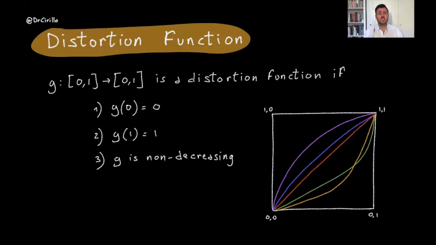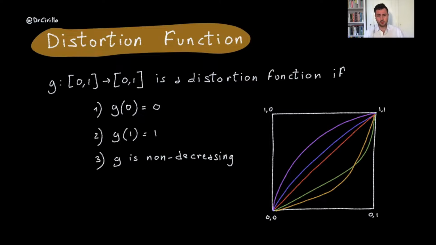A function g is a distortion function for us if it maps from the unit interval [0, 1] into the unit interval [0, 1]. So the argument of the function is a quantity between 0 and 1, and the function gives us a number between 0 and 1. And moreover, the function needs to satisfy three very basic characteristics.